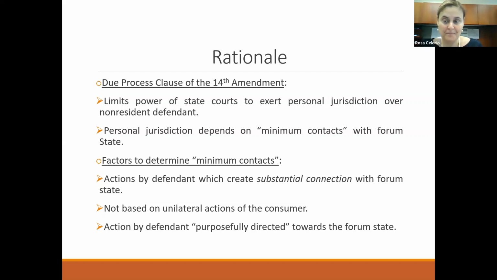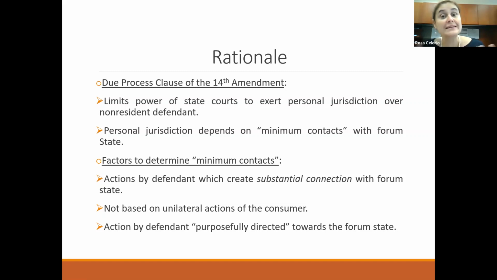And there's a number of factors that the court advances in terms of how you satisfy that minimum contacts test. In this particular case, you need a substantial connection with the forum state. It's not just based on the unilateral actions of the consumer, and actions by the defendant need to be purposefully directed towards the forum state.